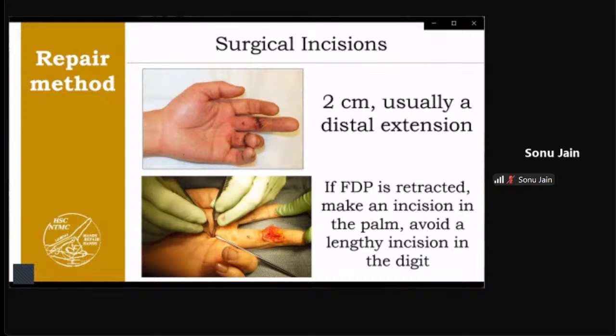I do not suggest you make a proximal extension in the digits, because any proximal extension will add edema, then add resistance to tendon gliding after surgery. Avoid a lengthy incision in the digits and use a separate incision in the palm to find the retracted tendon.